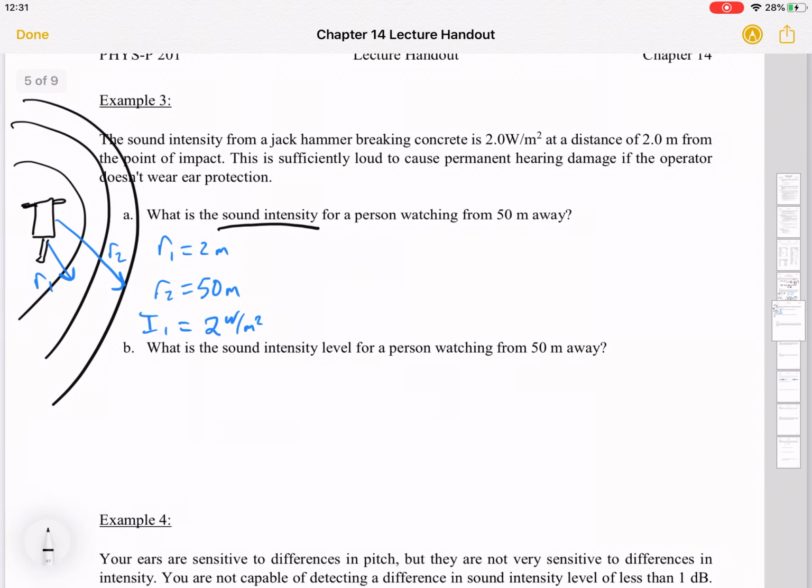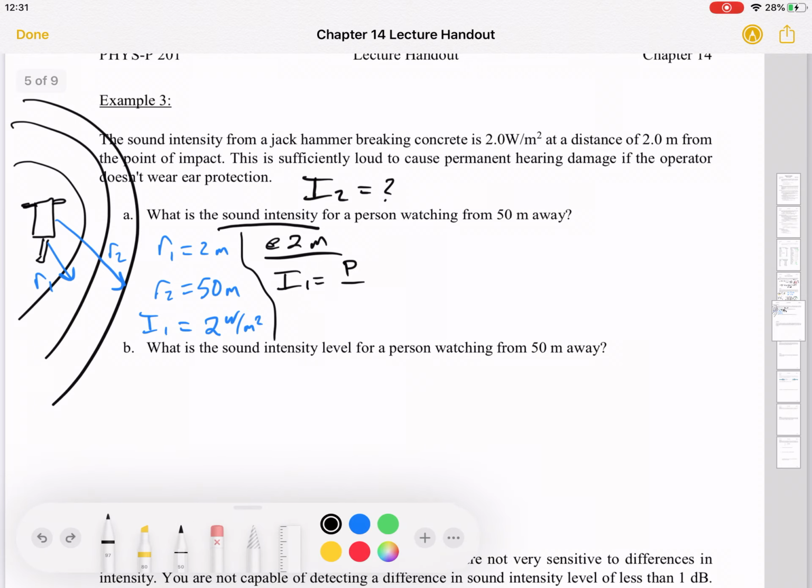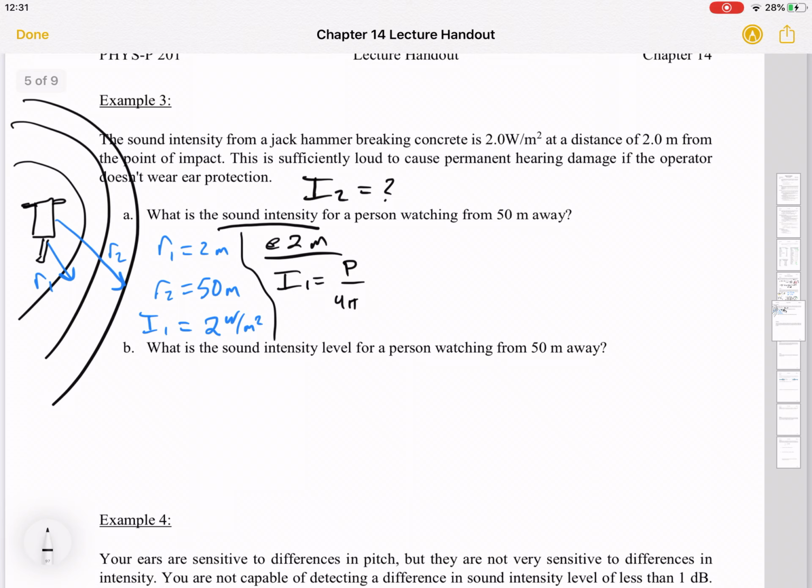So the question is, what is I2? So step 1, let's solve for power. Remember that at 2 meters, I1 equals power over 4 pi R1 squared.